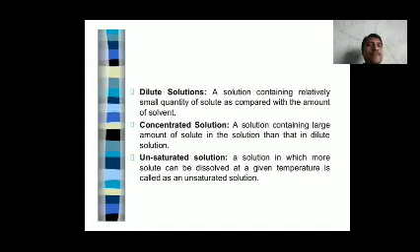Dilute solution: a solution containing a relatively small quantity of solute as compared with the amount of solvent.